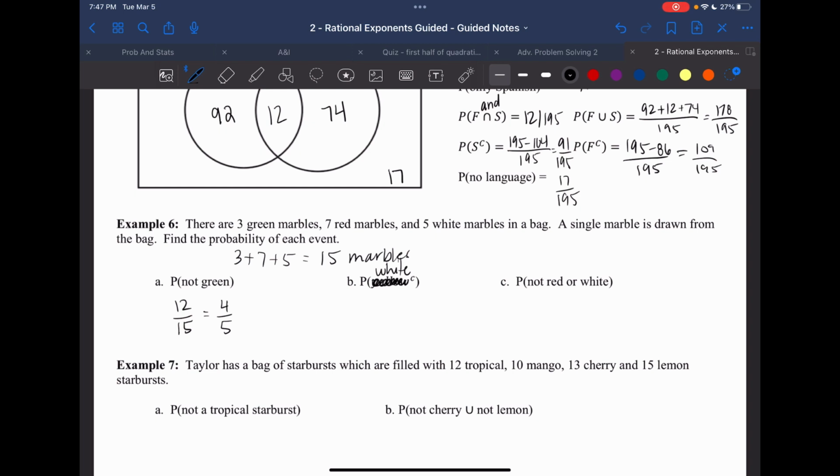So 3 plus 7 is 10 out of 15, which again, you can reduce that to 2/5. And then the probability of not red or white, so we want to eliminate both of those, which really is just back to green. So that would be 3 out of 15, which is equal to 1/5.